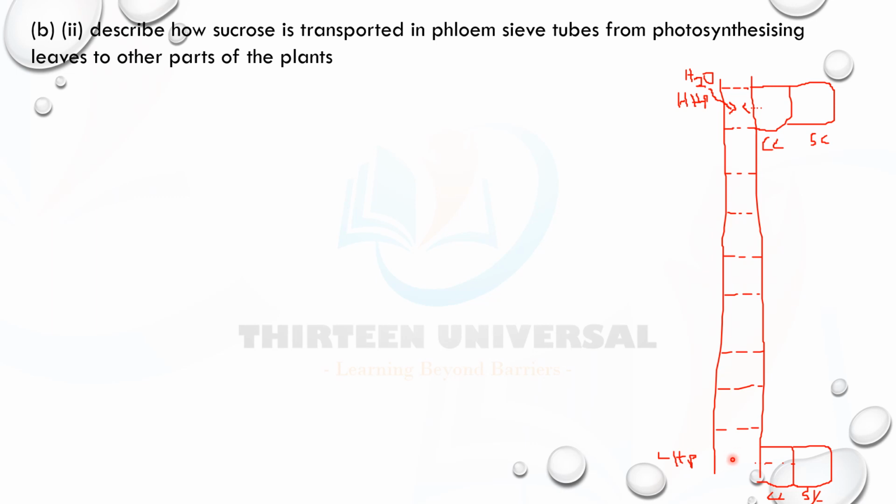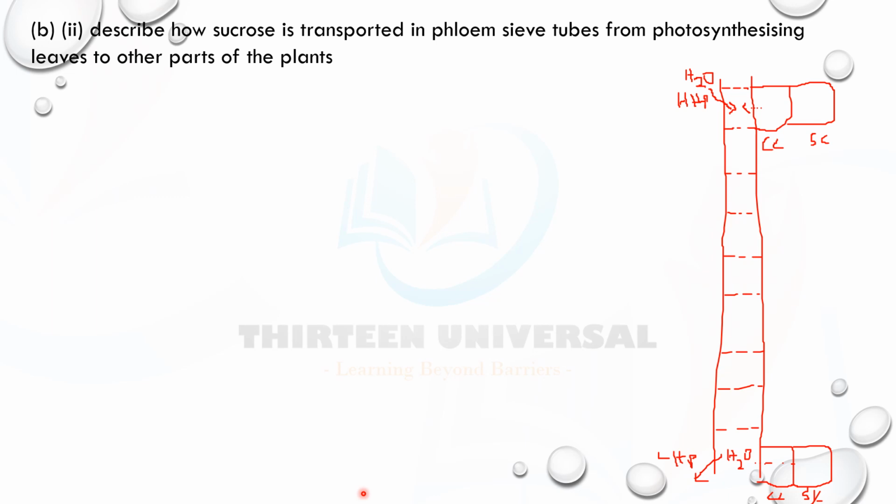Here we have high water potential, and then water will move out of the sieve tube at the sink to neighboring tissues by osmosis. Do you get it? So water is now leaving because we have high water potential there. Sucrose has left, so water follows sucrose. Water goes where sucrose goes.